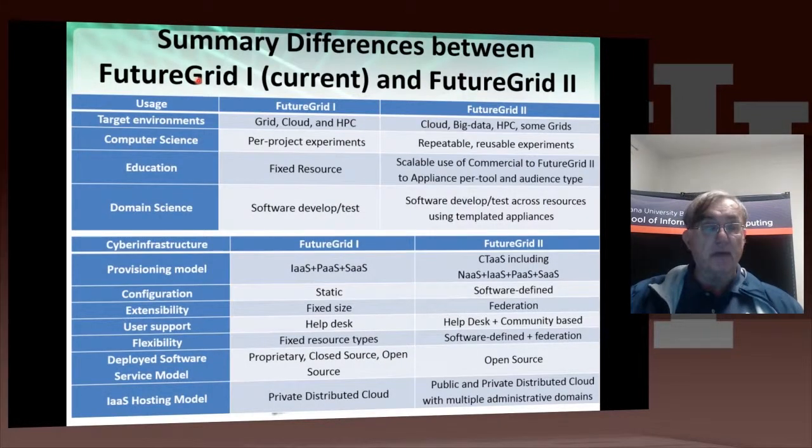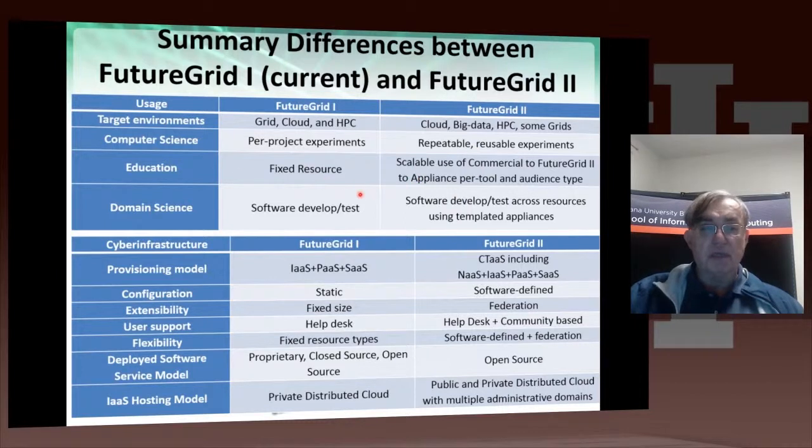Here's a summary of the differences between what we are now and what we expect to be. The original FutureGrid was grid, cloud and HPC. Grids are getting less important, but big data is rising in importance, so that's a change from FutureGrid I to FutureGrid II. Previously, we built experiments, or we do now build experiments, for projects. Now we want to do repeatable, reusable experiments.